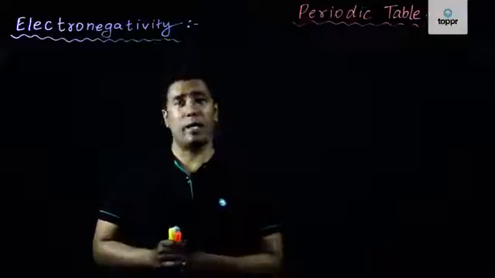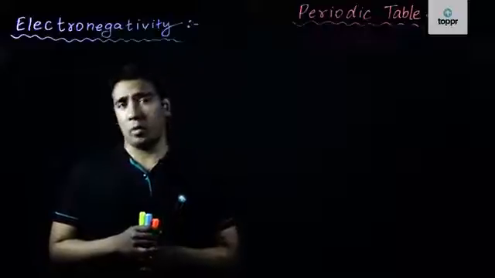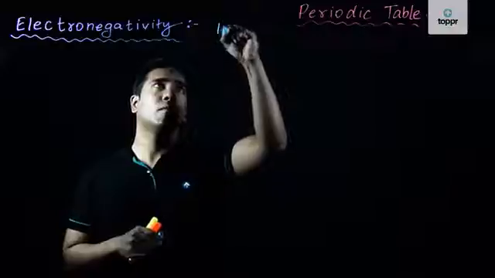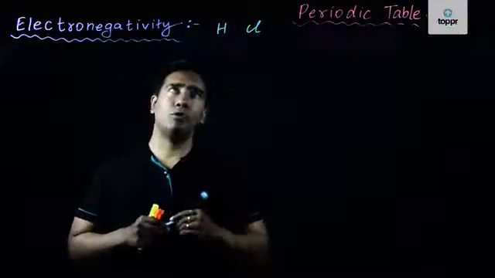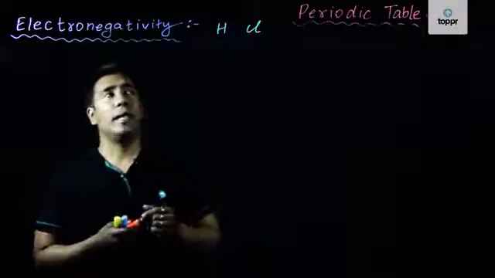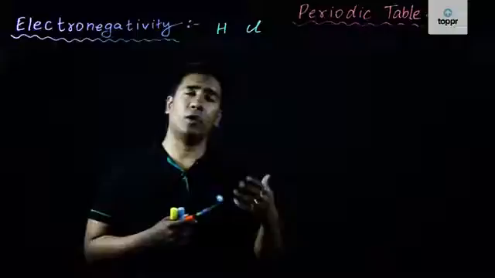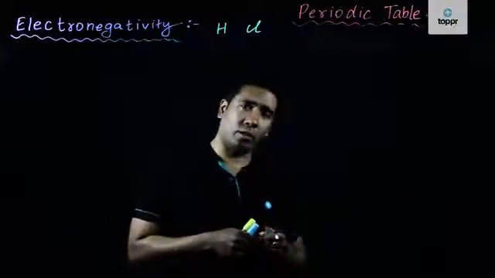electronegativity. Let us look at the meaning of electronegativity. Say, for example, we have two atoms which form a covalent bond, like in the case of HCl. Now here we have a hydrogen atom and a chlorine atom. Chlorine has an electronic configuration of 2, 8, 7, due to which it is desperate for electrons.